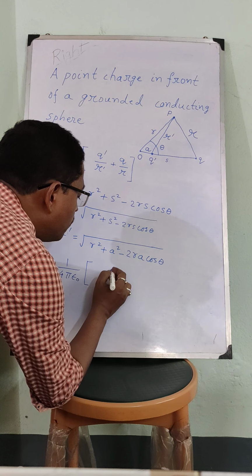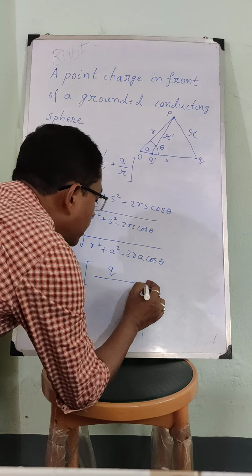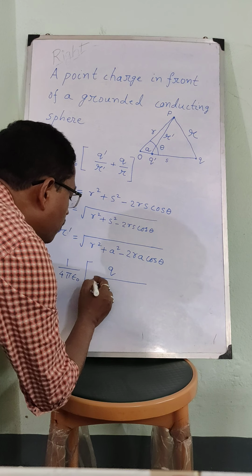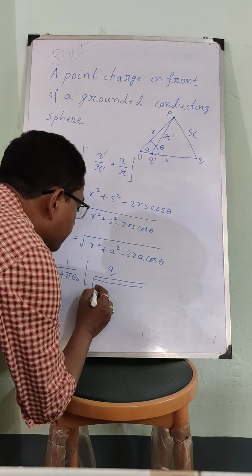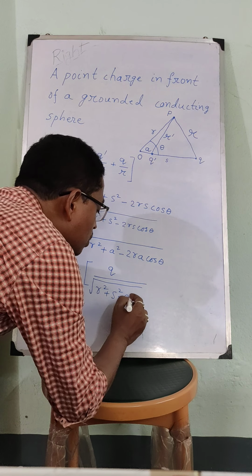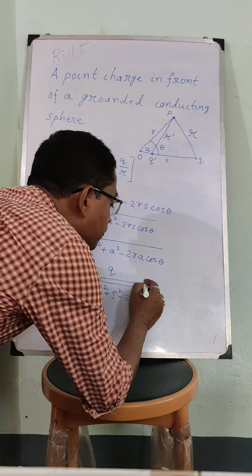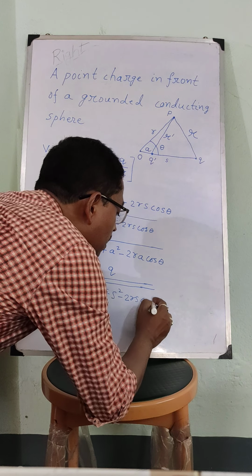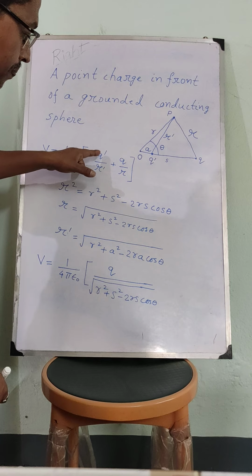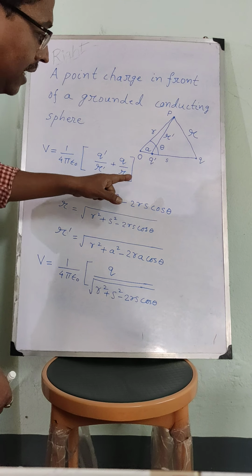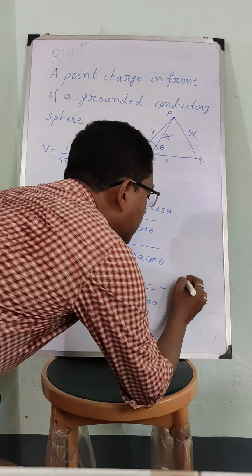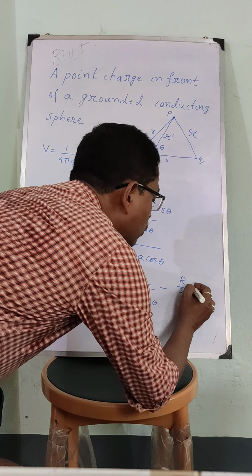So, q divided by this r, which is given by this expression, root over r square plus s square minus 2rs cos theta. Okay, then I will write the next term. Now q prime I have given, q prime is minus r by s into q. So minus r by s into q.